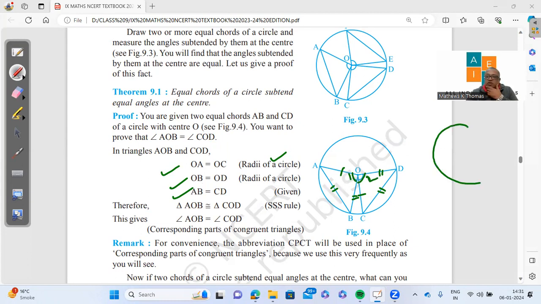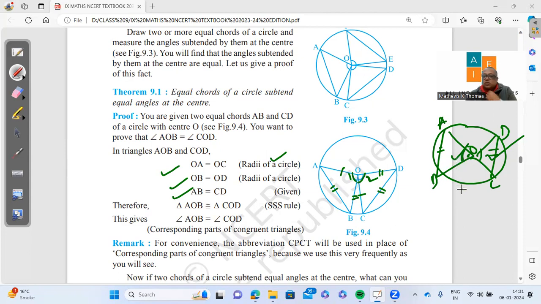So remember always, whenever we have a circle, if we have two equal chords, the angle made by the chords at the center will also be equal. So if AB and CD are equal, then angle AOB will be equal to angle COD.